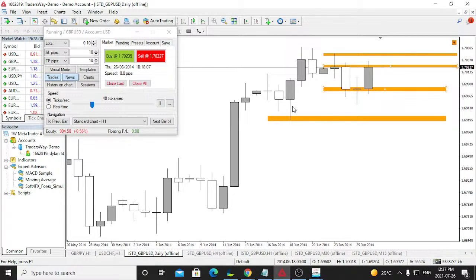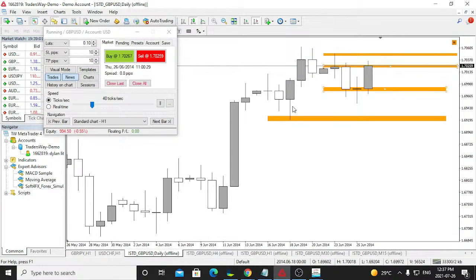Learn how to read higher time frames. So wicks, supports, resistance, rejecting support slash resistance, or breaking through.